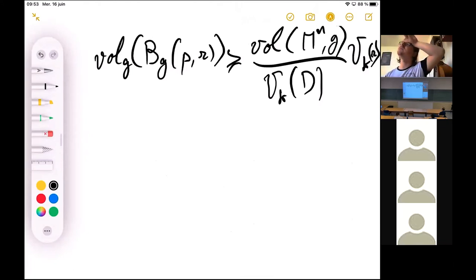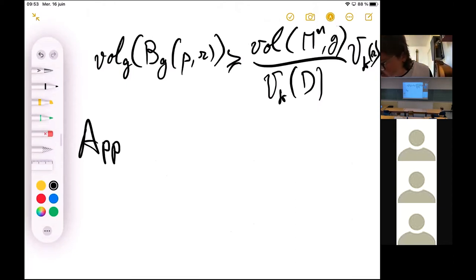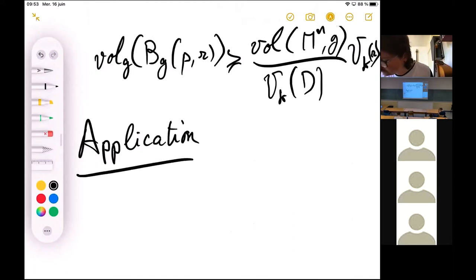What time is it? I wanted to speak a little bit about the splitting theorem. Okay, so I will just state it. The application is Gromov's precompactness theorem.